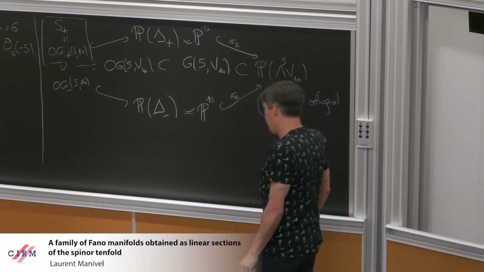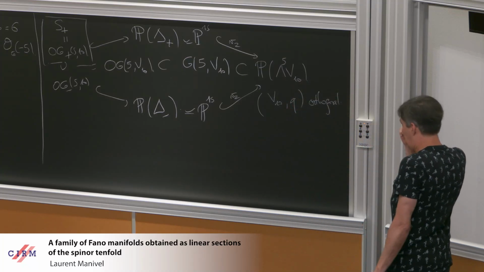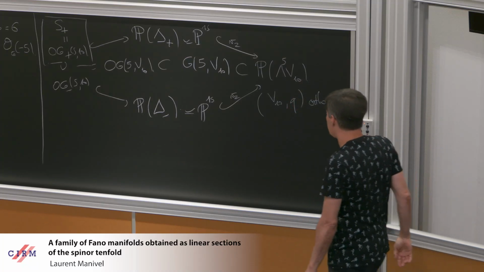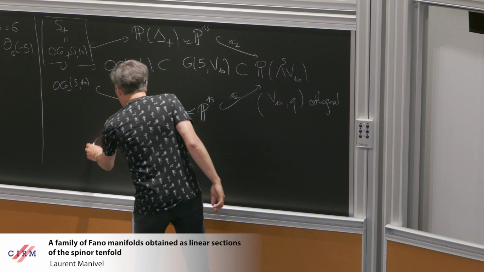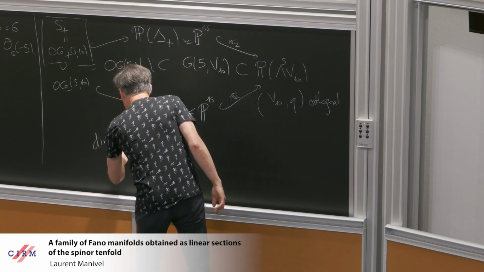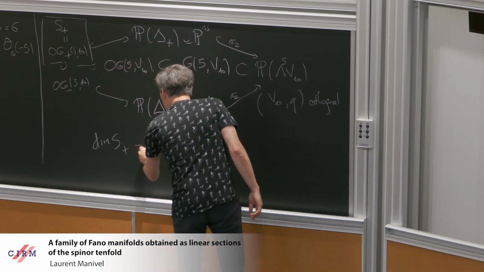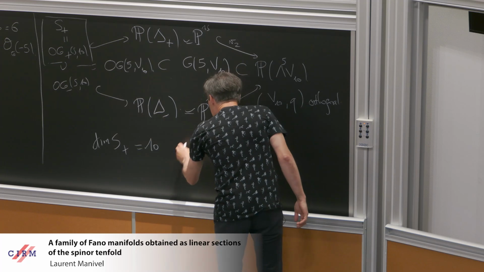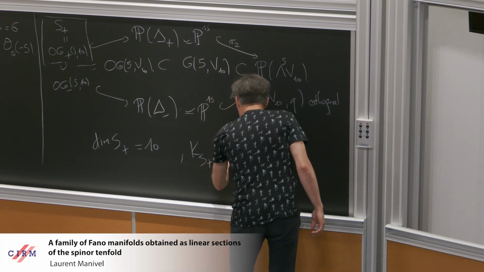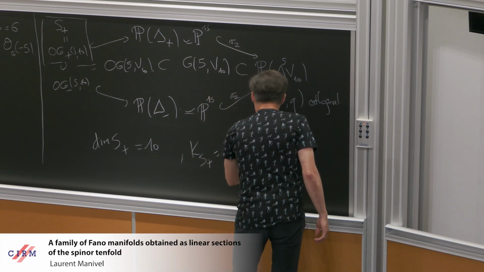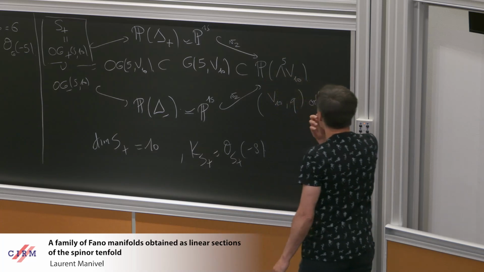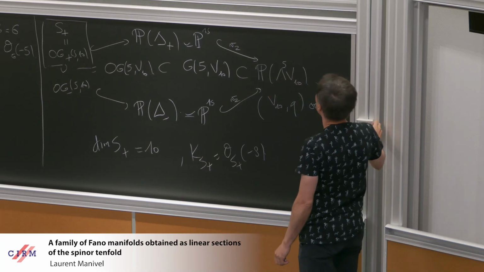They are isomorphic as embedded projective varieties. So the dimension is 10, as you guessed, and the canonical bundle is O(-8).